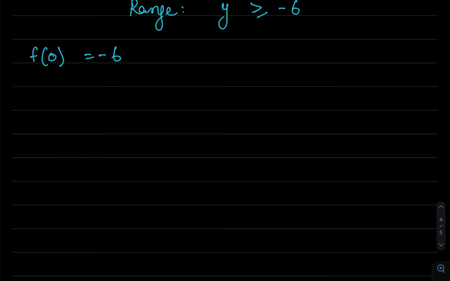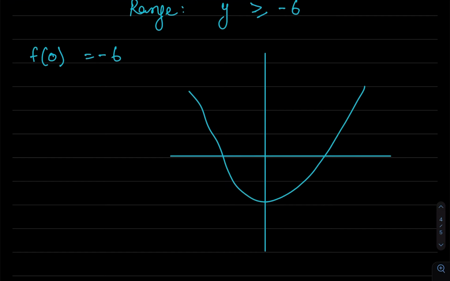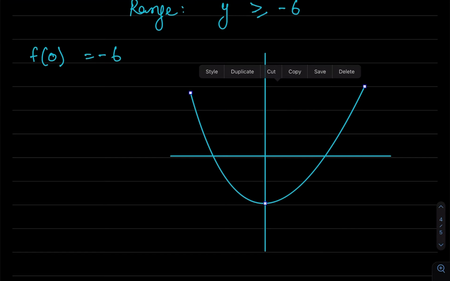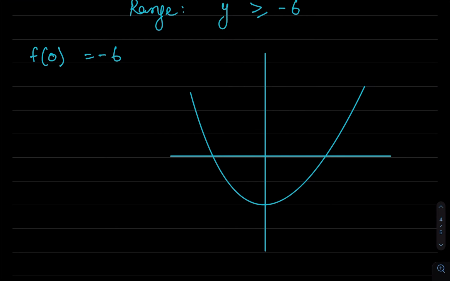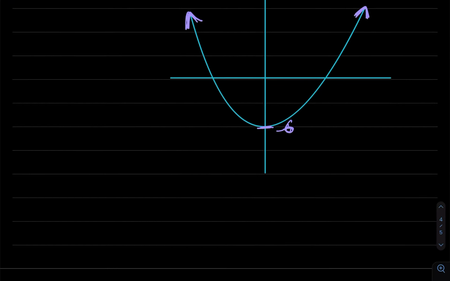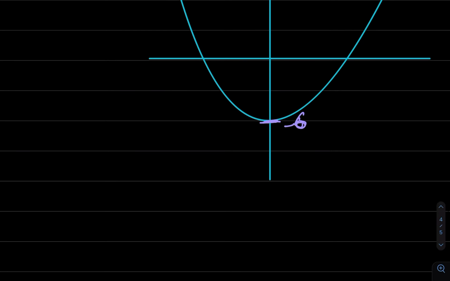Now the graph for this would look something like this. Let me draw it for you guys. Okay, it's going to look something like this, and let me use a different color for this. This is going to be negative 6. And now, as you guys can already see, this graph is going up in this direction, and it's going up in this direction, and so it is never going to go below negative 6.